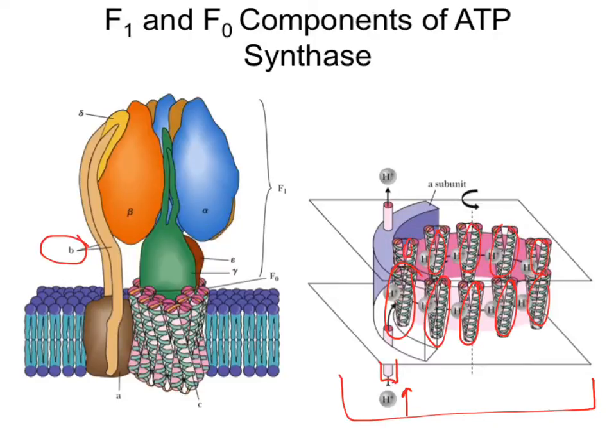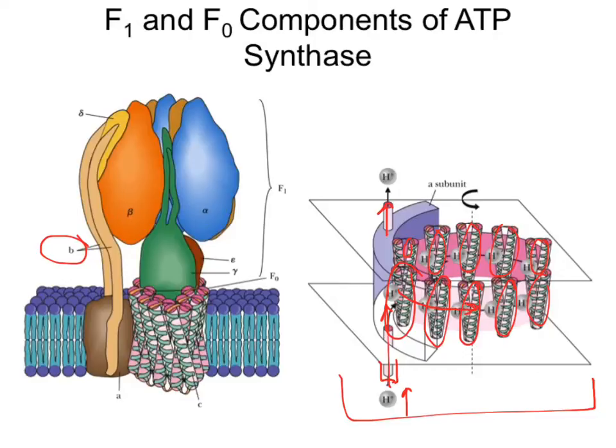The way it is set up, it can only rotate in one direction. So the H plus can come in, but for it to escape, it must force a rotation all the way around. Once it gets around to the other side, H plus can then funnel out the other end. So we only get a single-direction rotation on our FO.